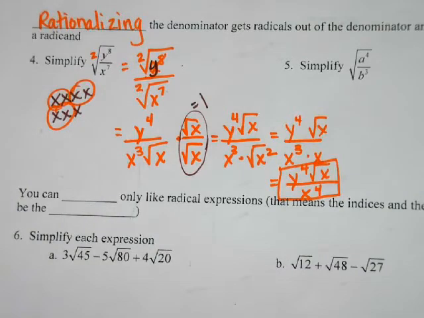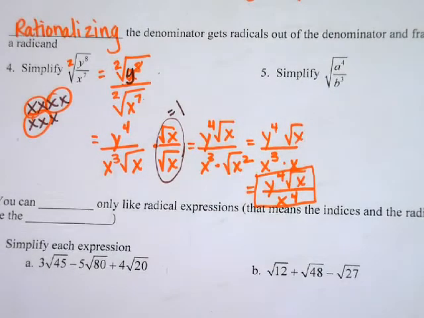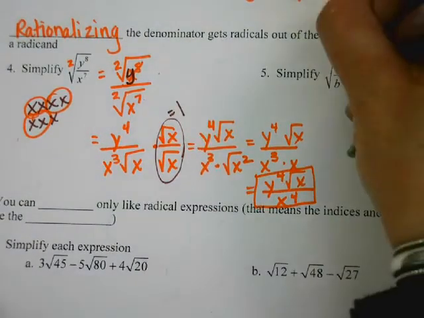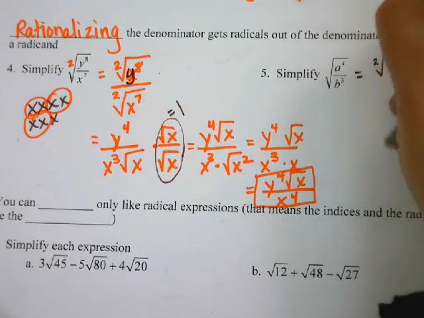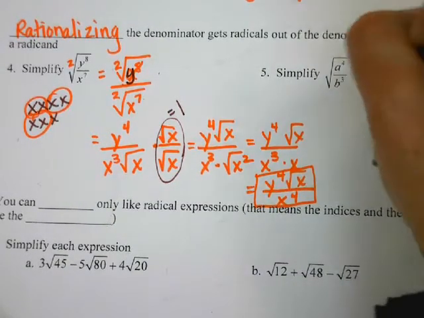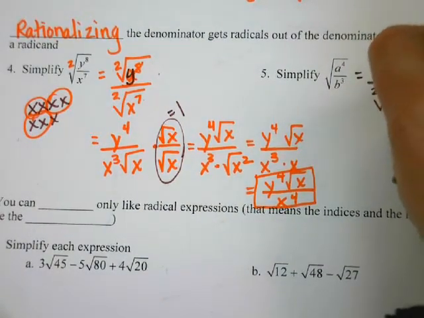Okay, let's try another one of those. So look at number 5. Let's separate it apart. I have the square root of a to the 4th divided by the square root of b to the 3rd.